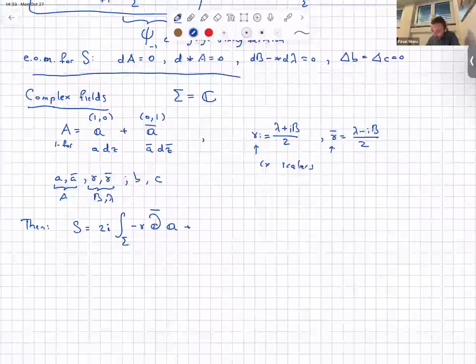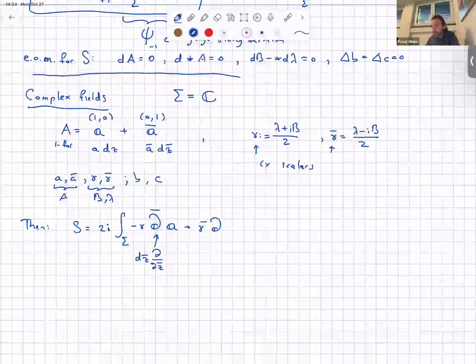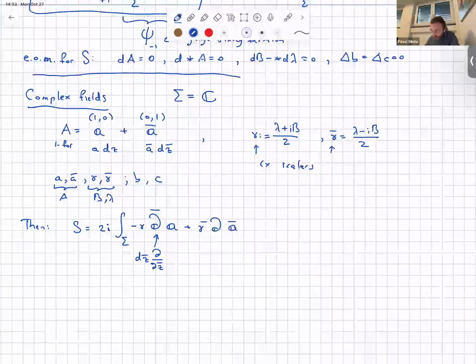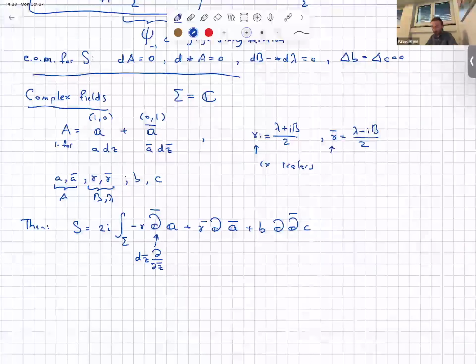Del bar here is the Dolbeault operator, so it's a partial derivative in z bar times dz bar. Plus gamma bar del a bar plus B del bar C. So this fat del bar was the Dolbeault differential.